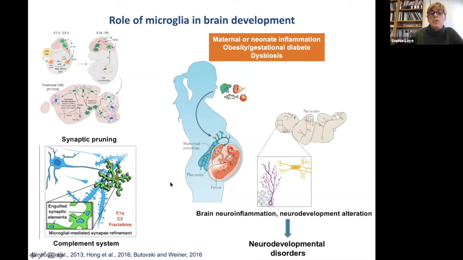So we were wondering whether the amount of omega-3 and omega-6 in the diet could influence microglia activity in the same way that an inflammation can, and whether it could influence synaptic pruning and have an impact on several behaviors, in particular some that are involved in neurodevelopmental disorders such as autism, as microglia functioning is really impaired in these diseases, and the link with omega-3 has been described in humans.